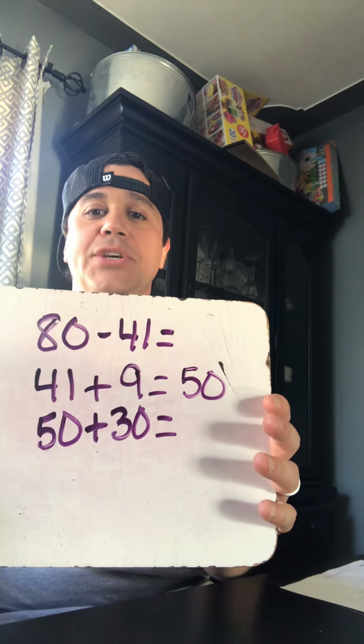So I'm going to take that 41 and I'm going to add 9 to it, because 41 plus 9 is going to get me to 50. Okay. Then I'm going to take that 50 and I'm going to plus 30, because I know 50 plus 30 is 80.